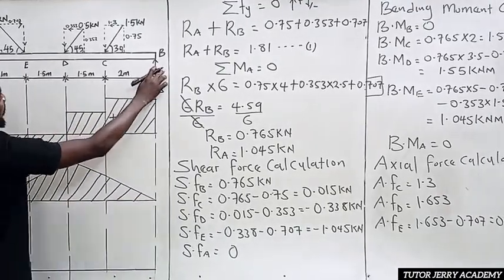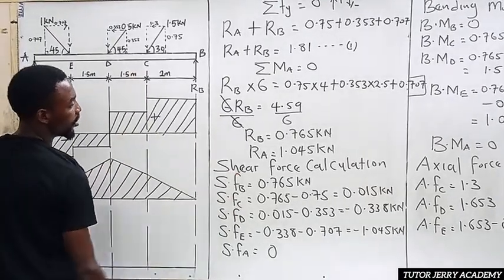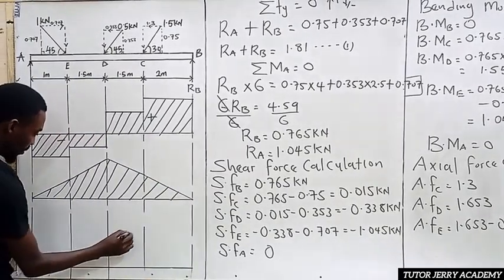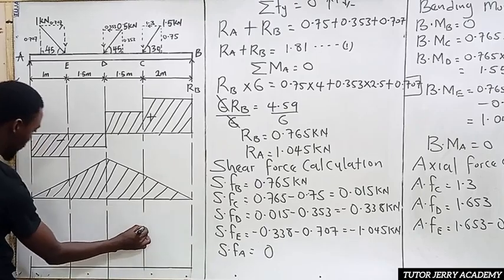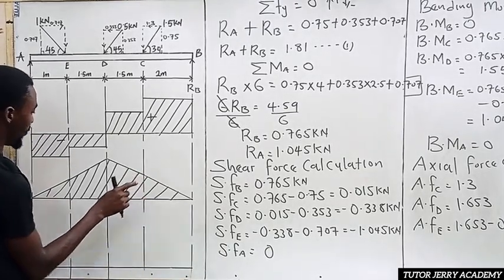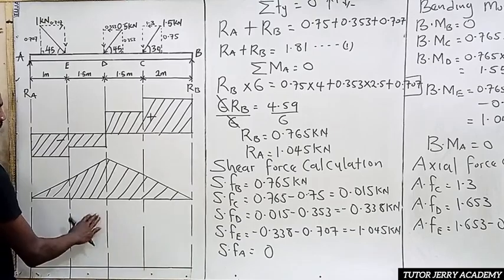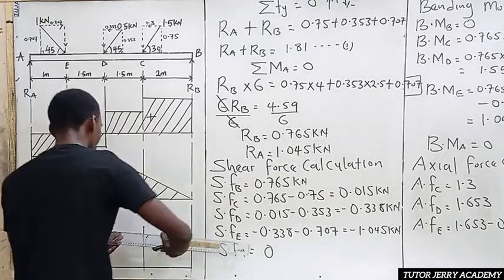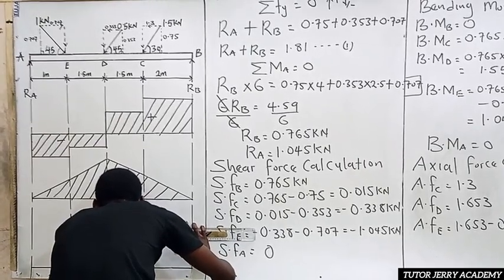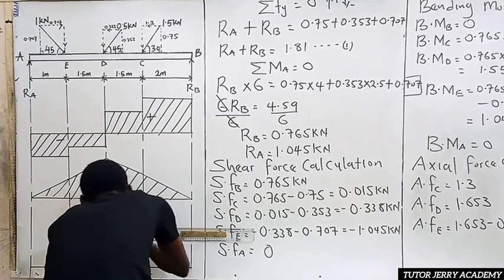We have our axial load at point C. So at point C, our axial load is what? 1.3, which is not the highest number there. So let's put it at this point. All right, 1.3. And if you check between C and D, we don't have any axial load. So we are going to draw a constant line here.